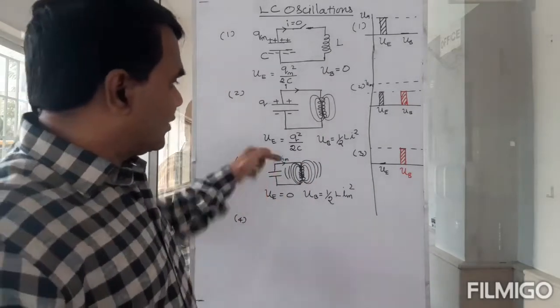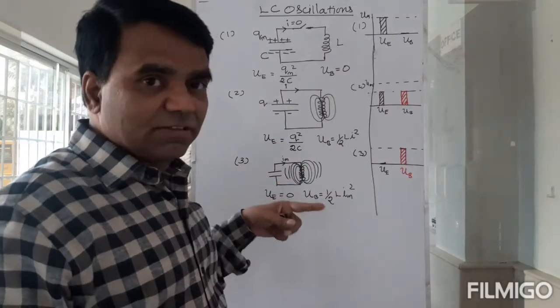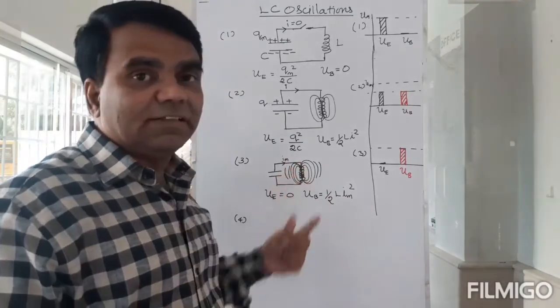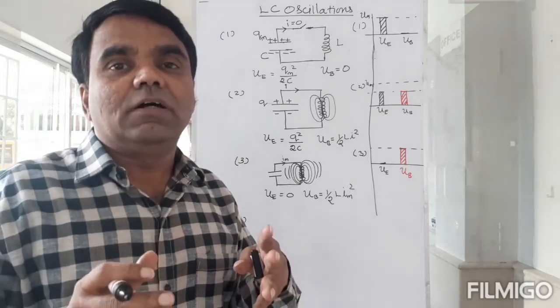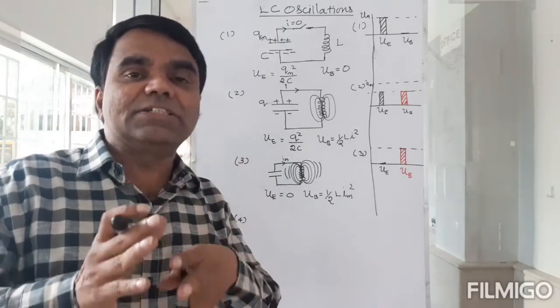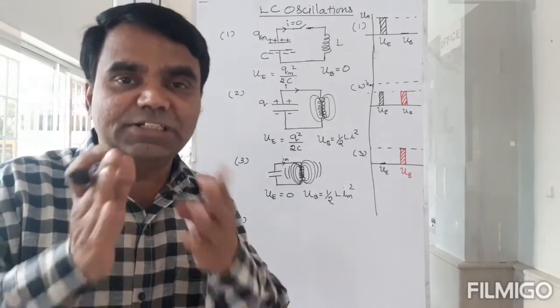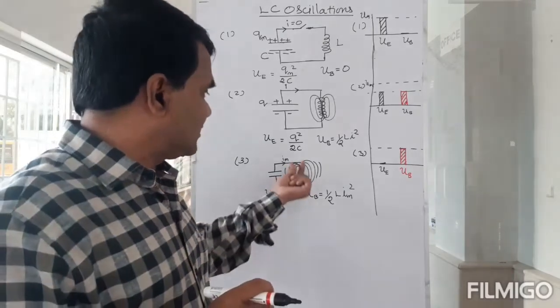Then what are you going to do for the next one? There is no charge, but then the current is flowing in this direction. So the current will not become 0 because you have an inductor here. The inductor will not allow the current, rather it will be against the current changing direction, or current reducing. The change in current will be opposed by this inductor.